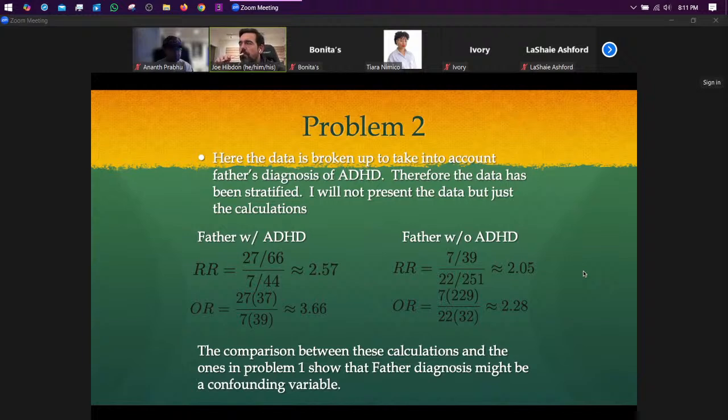So the confounding variable that we're kind of trying to measure is that if the father has ADHD, then the child's more likely to have ADHD. And that's kind of what we've shown here. Okay. But the word might is like we're being cautious because we haven't statistically shown. To do that, we have to do some type of hypothesis testing.